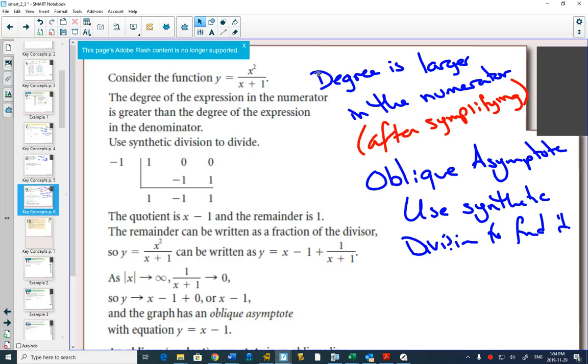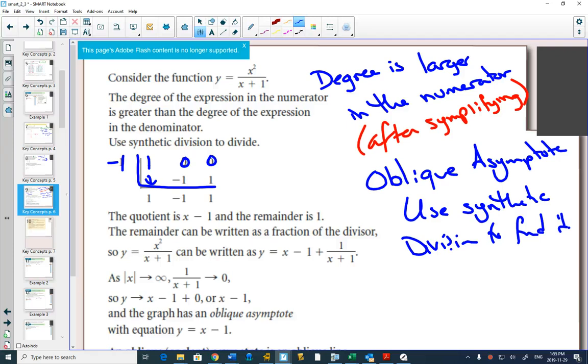You actually divide. How would I divide x squared by x plus 1 using synthetic division? Well, I would put 1x squared, 0x, 0 constants. Remember your zeros. If you're dividing by x plus 1, you put a minus 1 out in front. Bring down your 1. 1 times minus 1, add. Minus 1 times minus 1, 1, add.